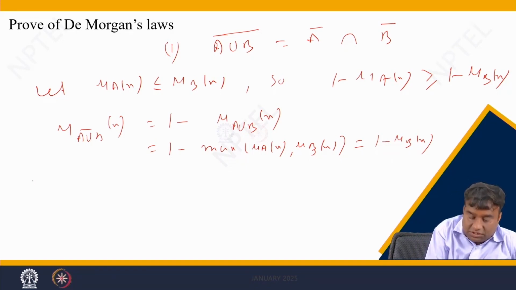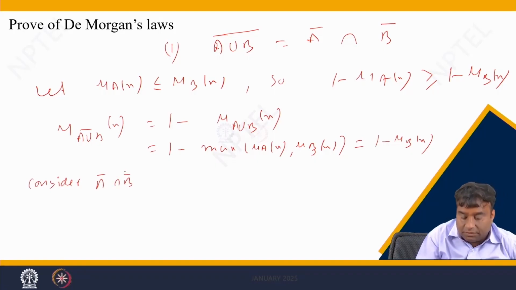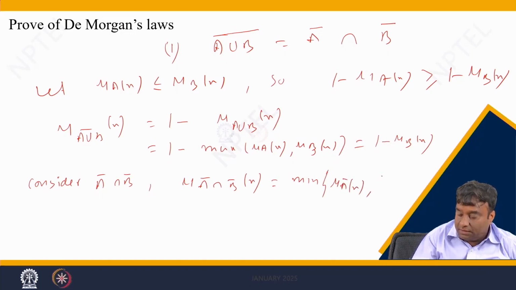Now consider the other side, which is A complement intersection B complement. So mu of A complement intersection B complement should be the minimum of mu A bar(x) and mu B bar(x).